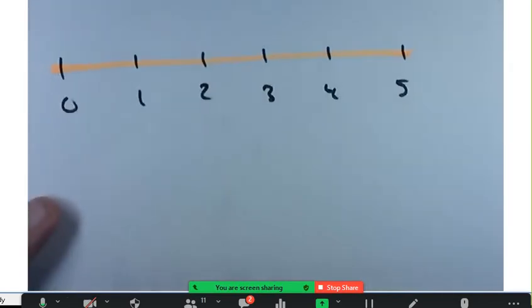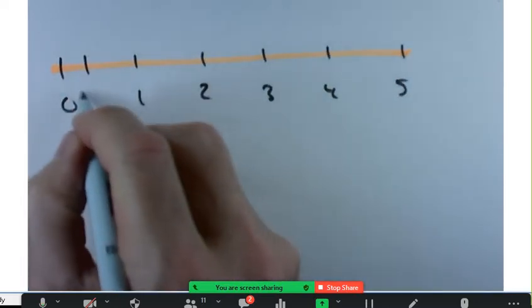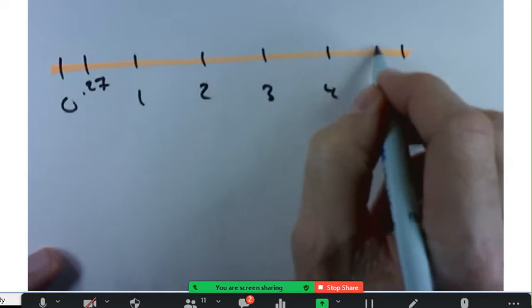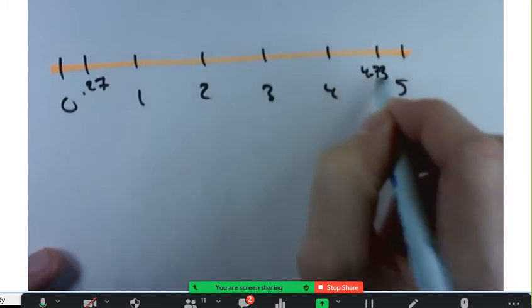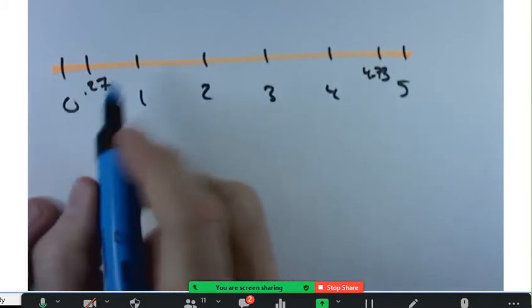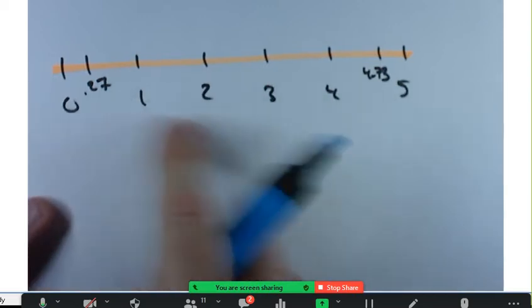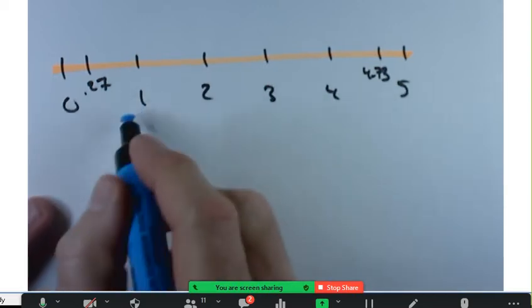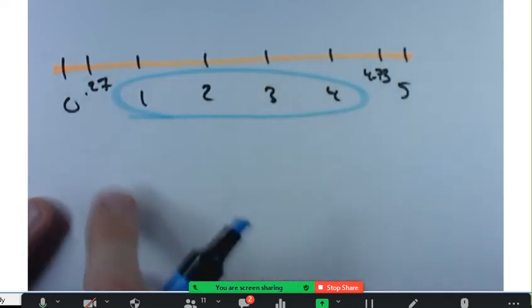So the range rule of thumb said, okay, we're going to give you values starting at around 0.27 to 4.73. That's what's going to be inside of our range rule of thumb. So effectively, that includes these.